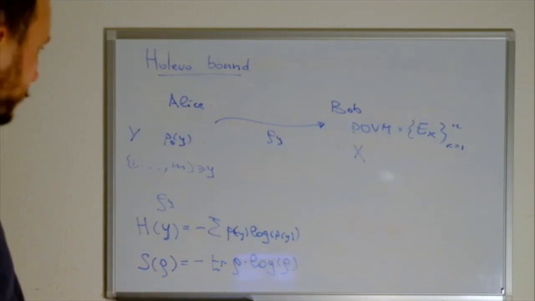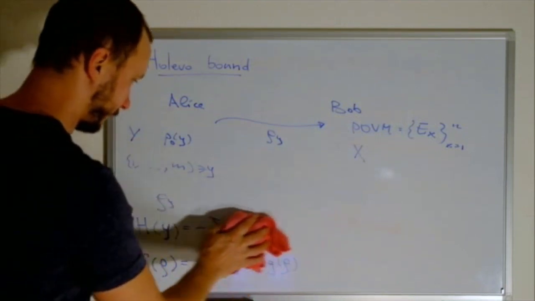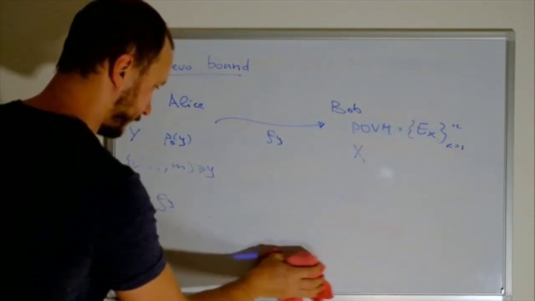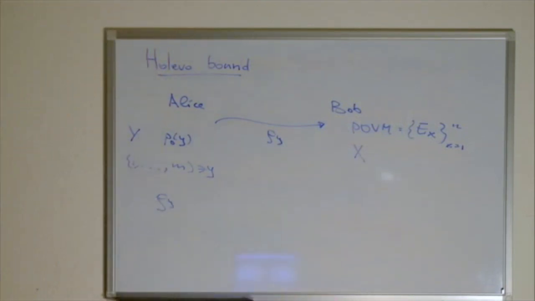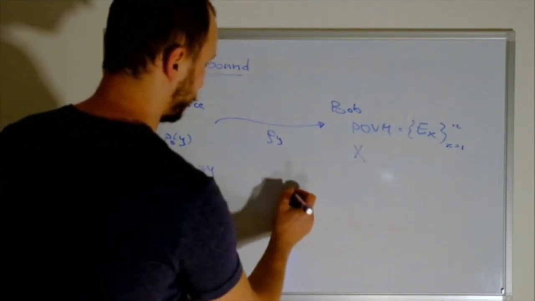All right, so what does the Holevo bound tell us? Now we have this entropy, and the Holevo bound actually tells us something about the mutual information.